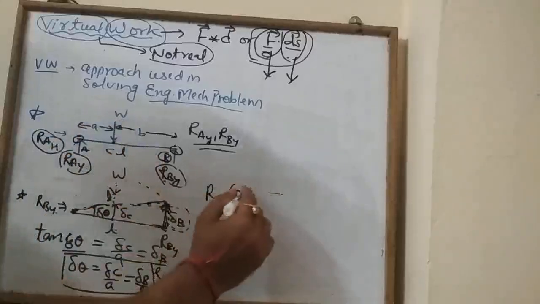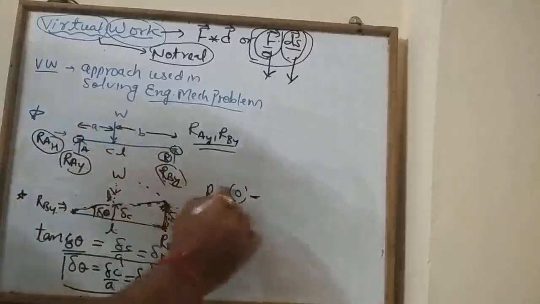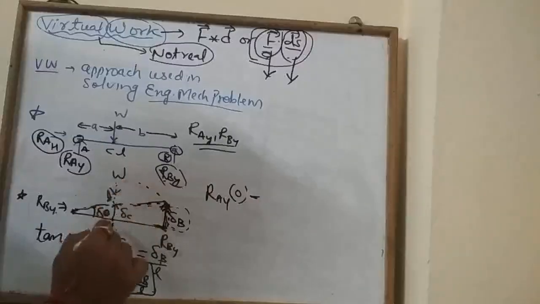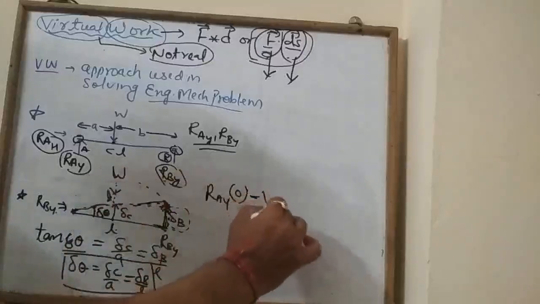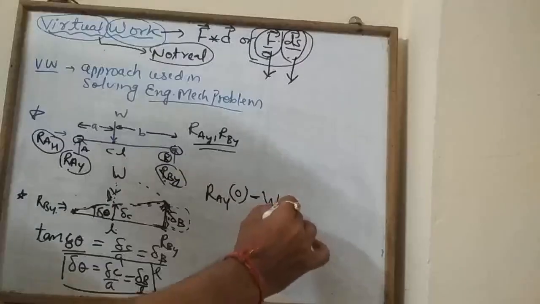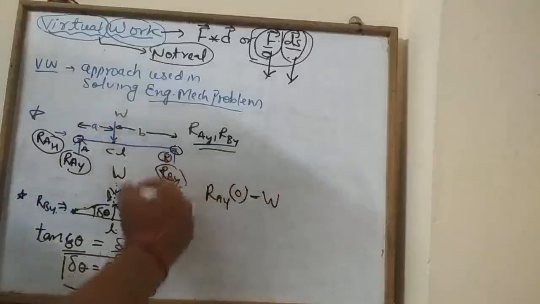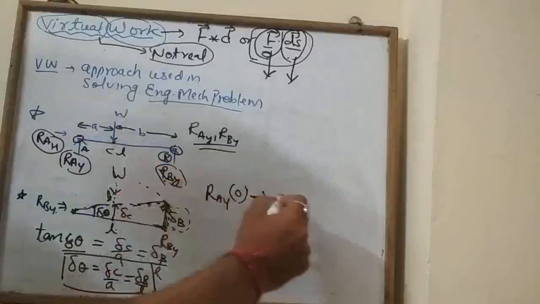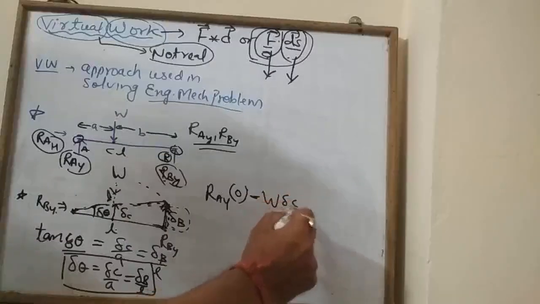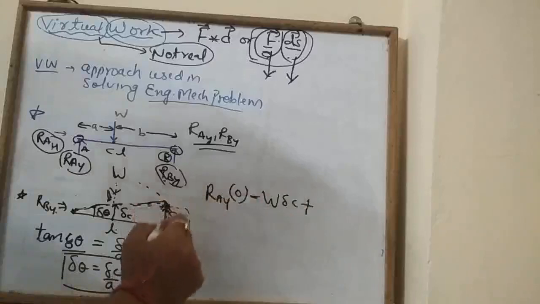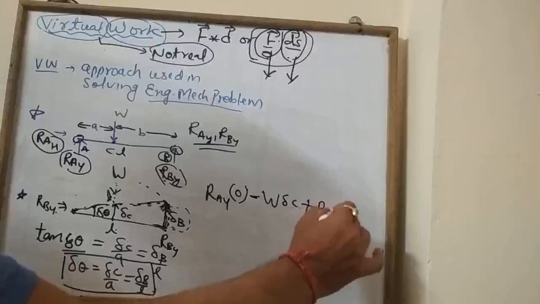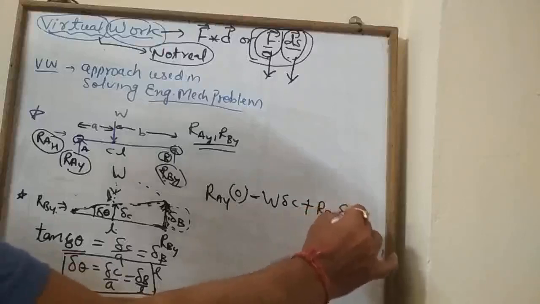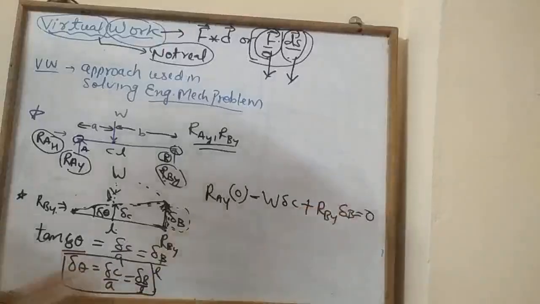Work done by this force will be negative because the force is in this direction but displacement is taking place upward. Force W is in the negative, downward direction. So when force and displacement have opposite signs, it is negative work done. For delta C, force and displacement are in the same direction, so it is positive work done.